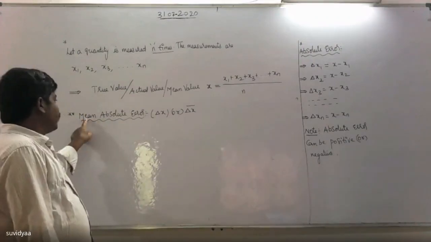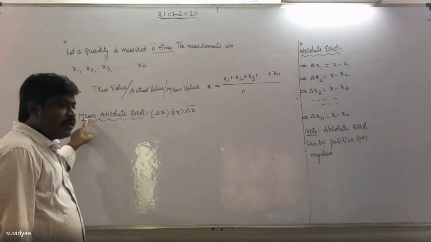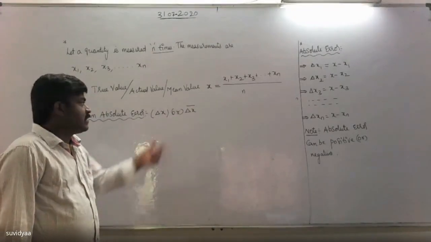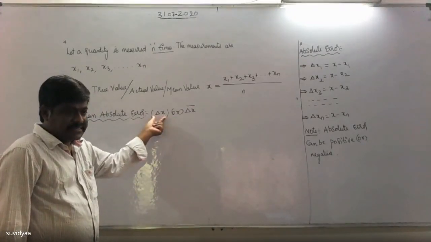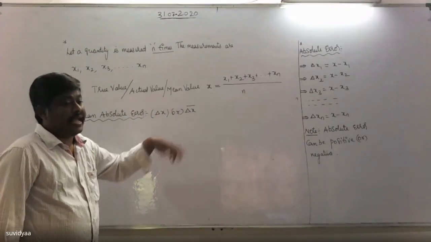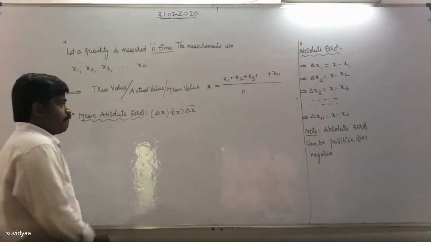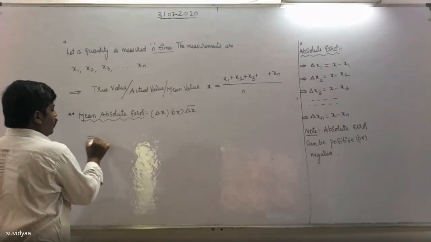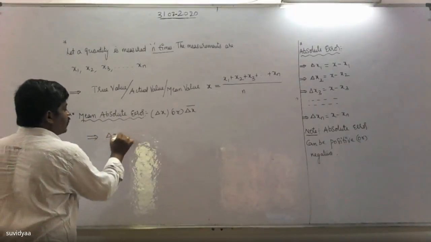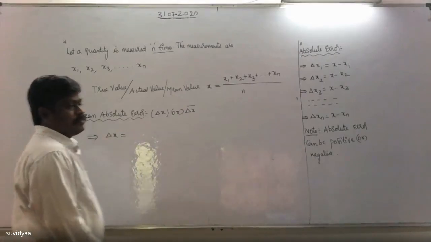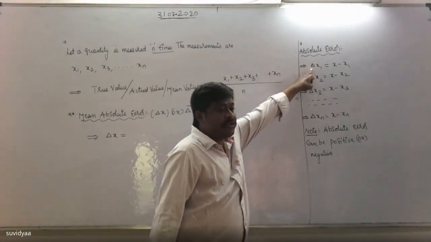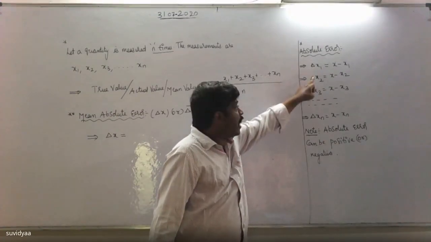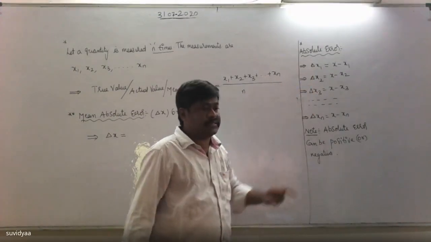Since we are using the word mean, that's why this is the symbol for mean. You can write anything. Now, what is mean absolute error? Simple. Mean absolute error, delta x, is equal to taking the magnitudes of all absolute errors.